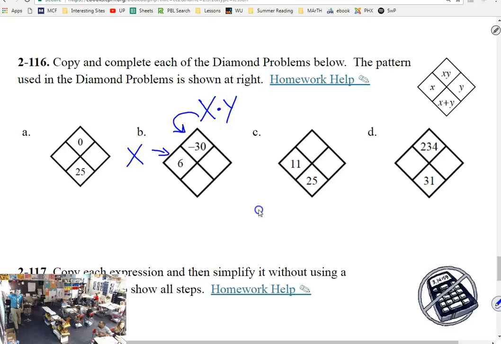So if I know that this -30 is made with the multiplication of 6 and something else, well, if this is negative, what do I know about the two pieces that make it? Can you say anything about how we make a negative with multiplication? We multiply with a negative, right? So if this is not negative, this will have to be negative. To make a negative number, we have to have one of them in the multiplication. And then, how many 6's make 30? 5.